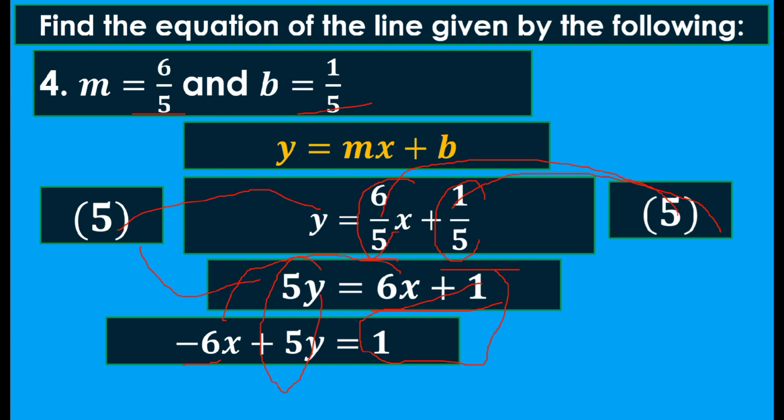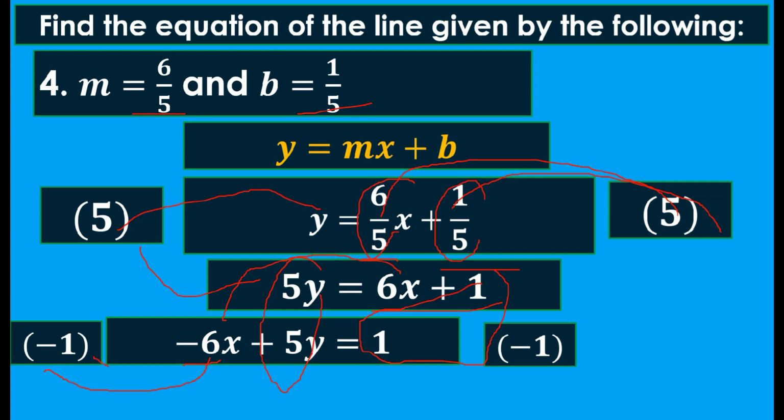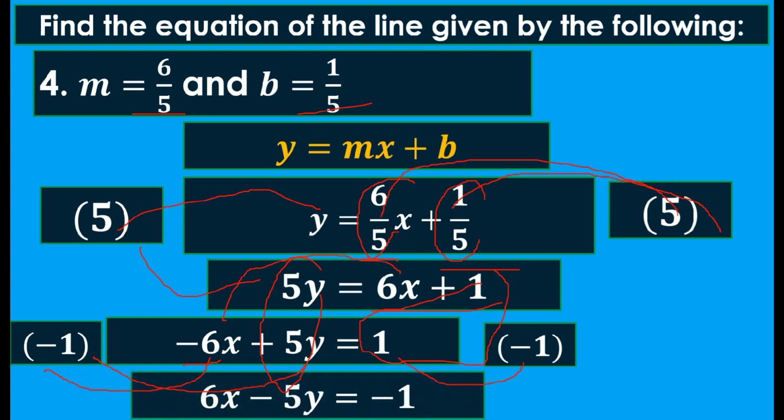But then, like what I've said a while ago, your x numerical coefficient should not be negative. It will always be positive. So, let's do it. Okay, multiply both sides by negative 1. So, i-distribute na ngayon natin. Negative 1 times negative 6, negative 1 times positive 5, then negative 1 times positive 1. So, magiging positive 6x minus 5y equals negative 1.